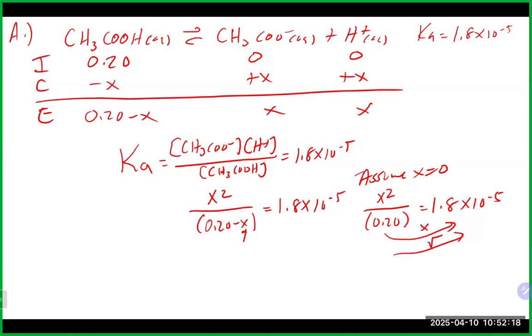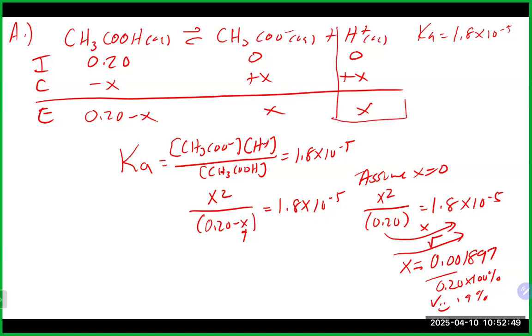So that will be 1.8 times 10 to the minus 5 times 0.2, a little square rootage, and that's going to give us an x value here, 0.001897. We do want to check it, so we'll divide by 0.2 and multiply by 100. I think we're going to be okay. It's like 0.9%, so the check is good in this case.